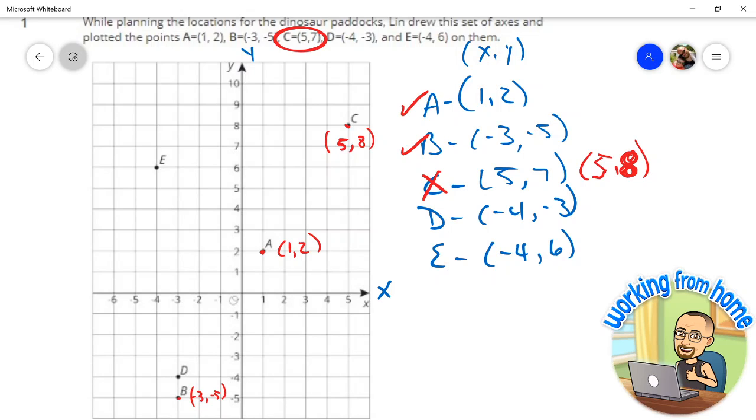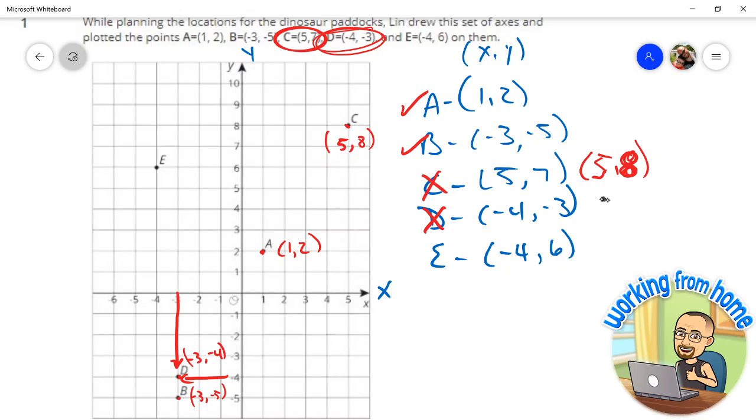A, B, C, D. D is -3, -4. Ooh, hang on. So this has got it -4, -3. Let's make sure I had it. Yep, I copied it right from up here. Make sure I'm not wrong here. So X is first. So this is my X here. This is my Y here. Nope, I'm right.